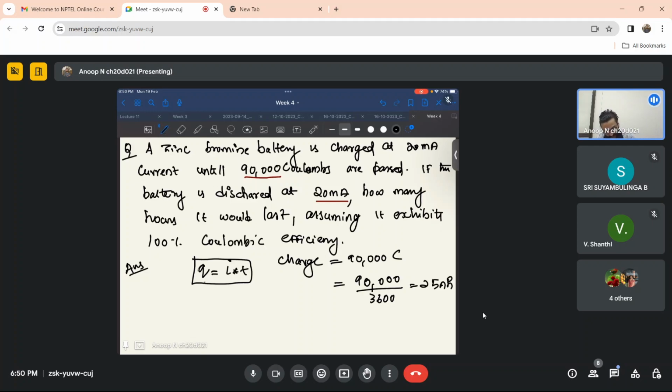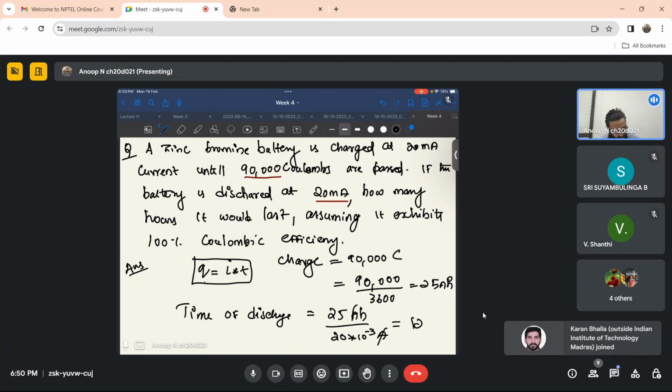So the time of discharge is equal to 25 ampere hour divided by 20 into 10 raised to minus 3 ampere. Ampere cancels out. The answer will be 1250 hours. If you convert it into seconds, a big value will come, so I just converted it to hours.